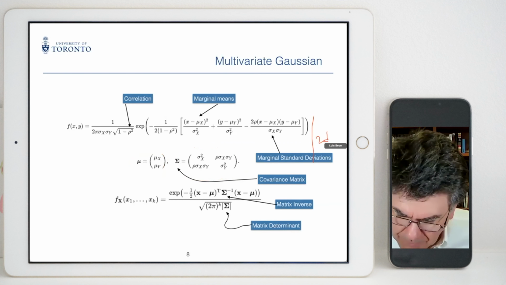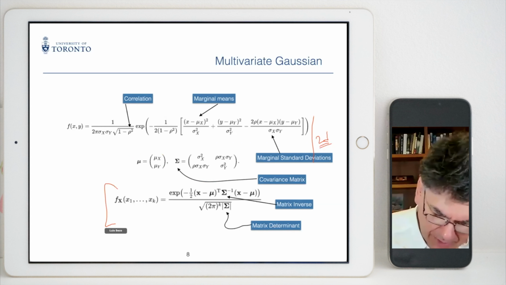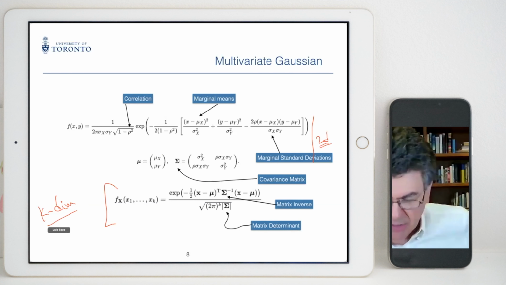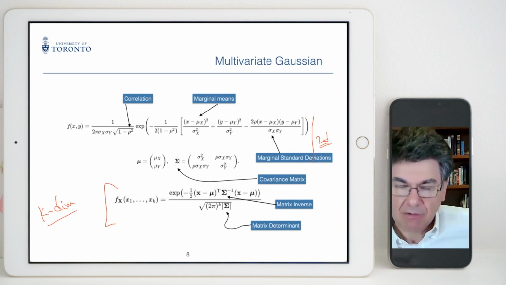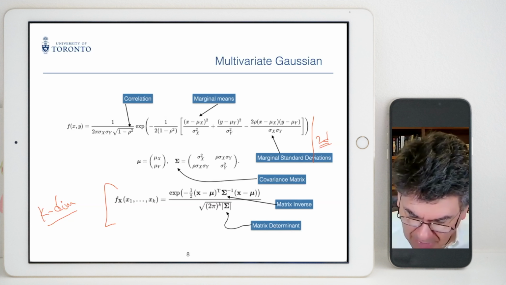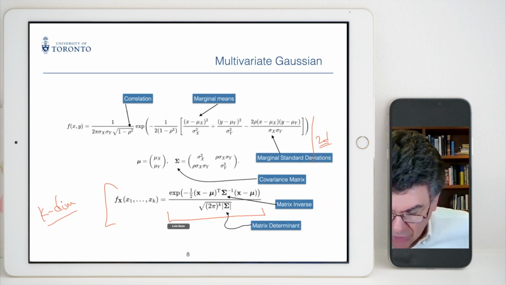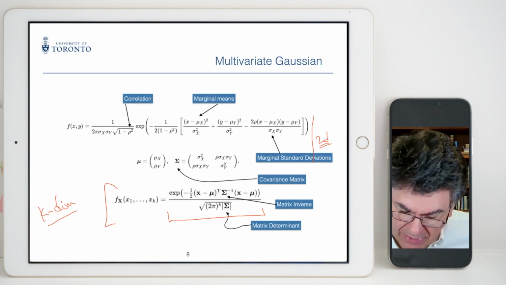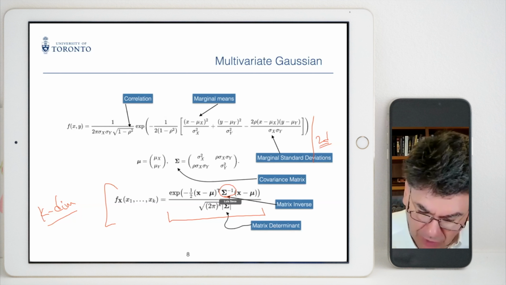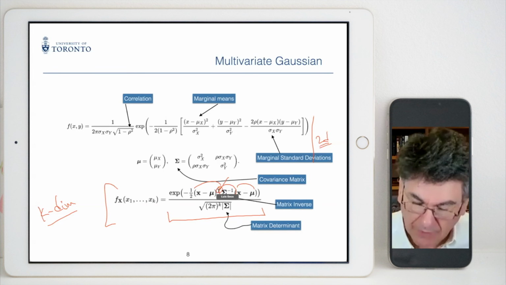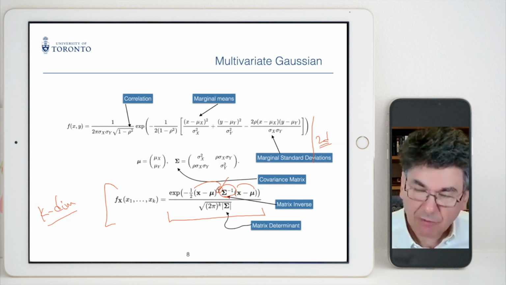This is 2D. In K dimensions, in general, the expression for the Gaussian density is the same, but it's written in matricial form. So this is the matrix inverse of the variance covariance matrix. That's a vector, and that's a vector, and that's the transpose of that vector. We take the matrix and multiply it by vectors to the right and to the left.